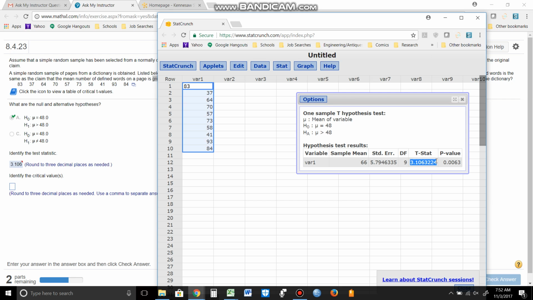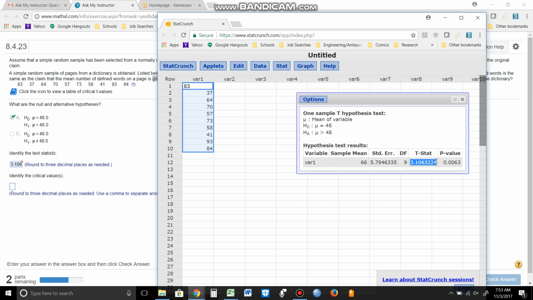Remember that my first gate is, do I know the population standard deviation? If the answer is yes, I use the z as in zebra. If the answer is no, I have a second question. What is the sample size? If the sample size is bigger than 30, I use the z as in zebra. And if not, my only choice is to use the t or to not attempt the problem.